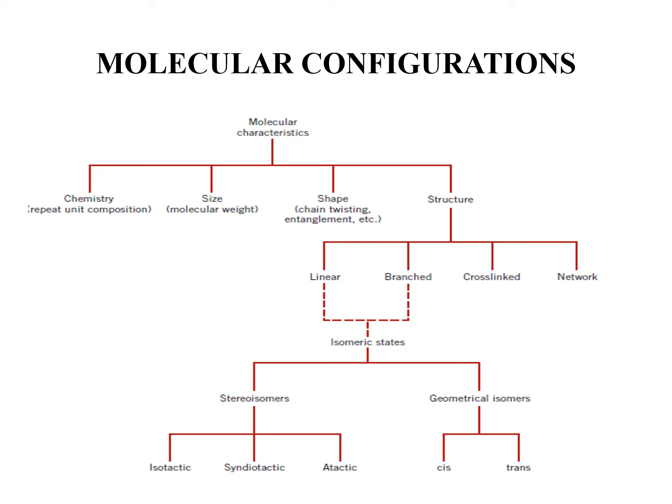Stereoisomers can be isotactic, syndiotactic, atactic, and geometrical isomers can be cis structured isomers or trans structured isomers. So we will now discuss this part, that is the isomeric state of polymer molecules.